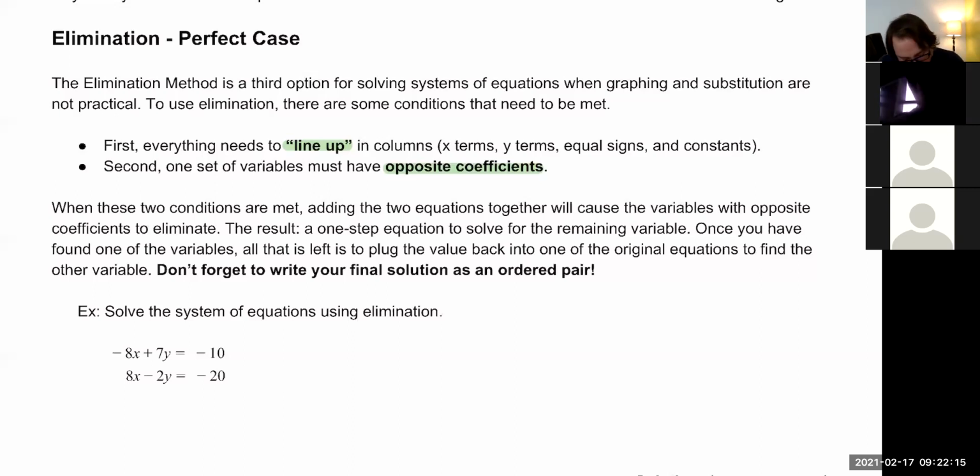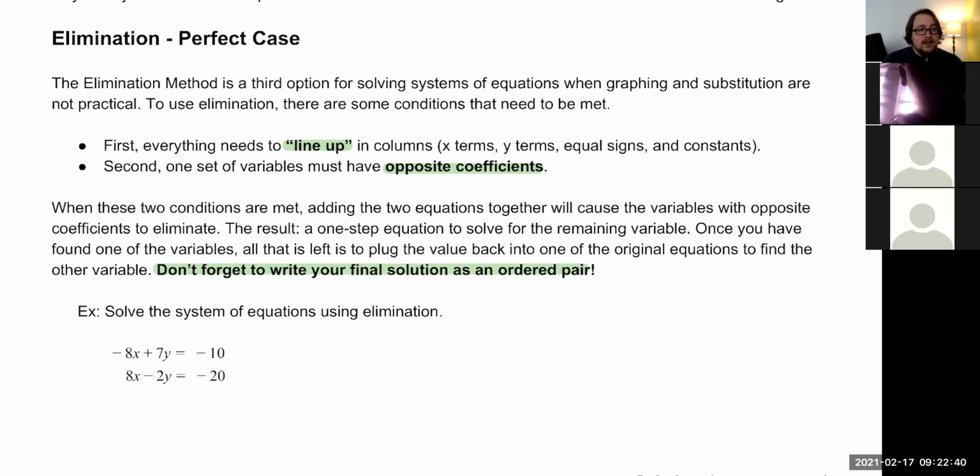So I know, again, also bolded, but I'm going to emphasize it as well. Don't forget, because I saw a few people get all the answers, but not write their final answer as an ordered pair. Your final answer does need to be written as an ordered pair. So your X coordinate, comma, your Y coordinate, and then wrap it in parentheses. Because remember, we're describing the exact point where these two lines are crossing.